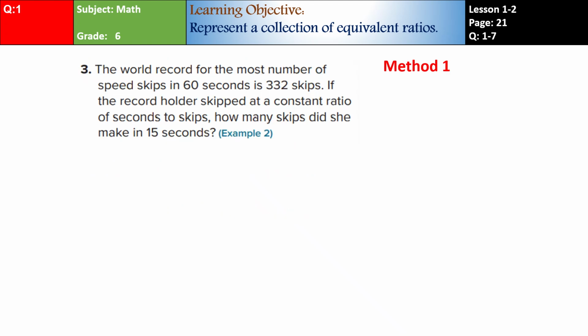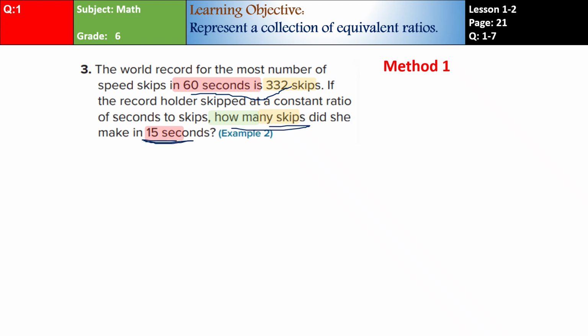World record of the most number of speed skips in 60 seconds is 332 skips. If the record holder skip at a constant ratio of seconds to skip, how many skips did she make in 15 seconds? Again, we can make a table to solve this question, that in 60 seconds there are 332 skips. How many skips will be there in 15? Now what happened to 60?